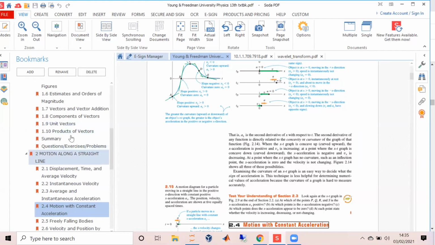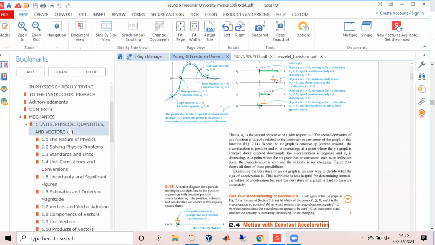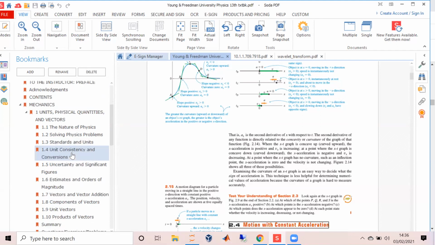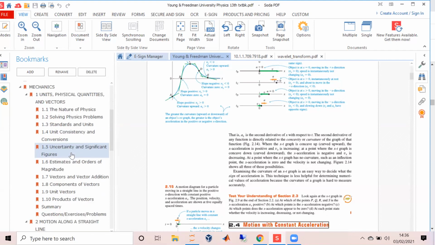So far I recommend you to go through the first units, physical quantities and vectors. Just read it, understand it, get familiar with it. You don't have to work it very hard. It's more important that you understand it. Watch some videos on YouTube, find other resources, other materials. Internet is full of them. Feel free to ask me. I provided you my mail, okay? So you have all the resources at your hand, okay?